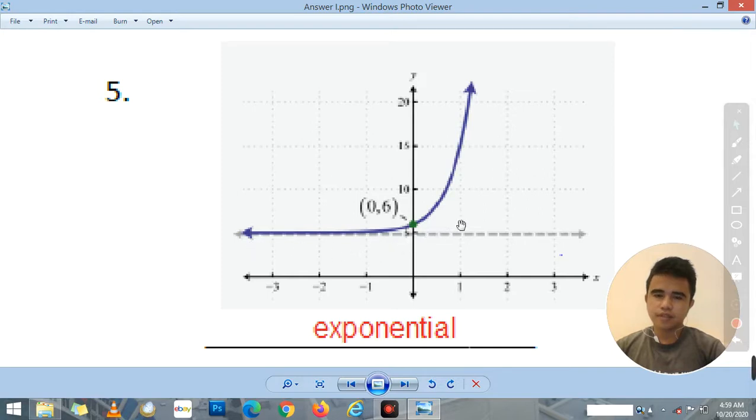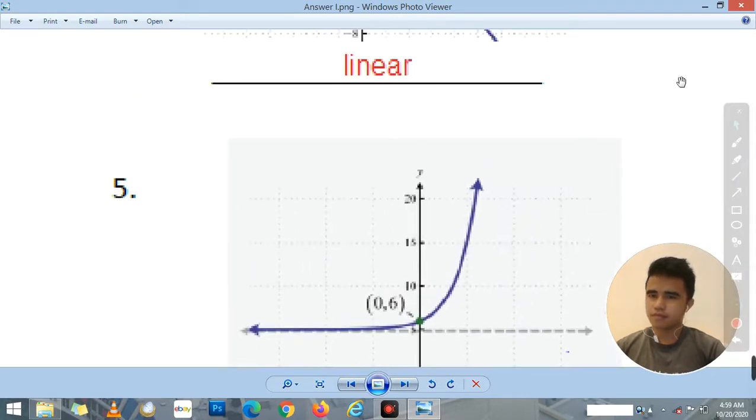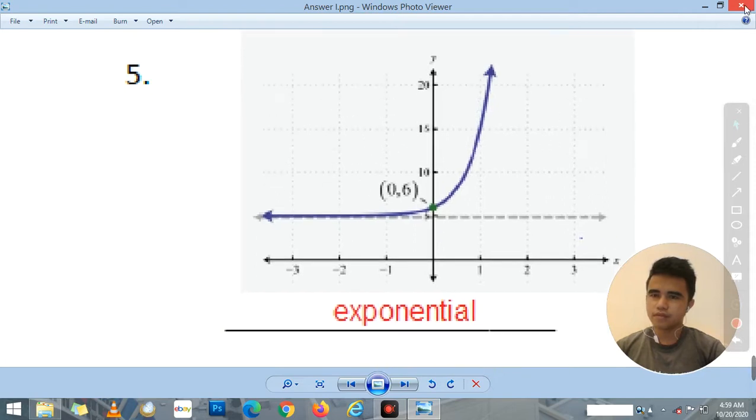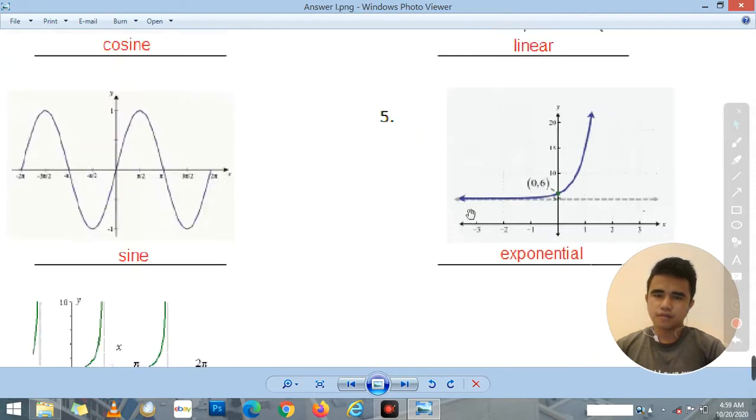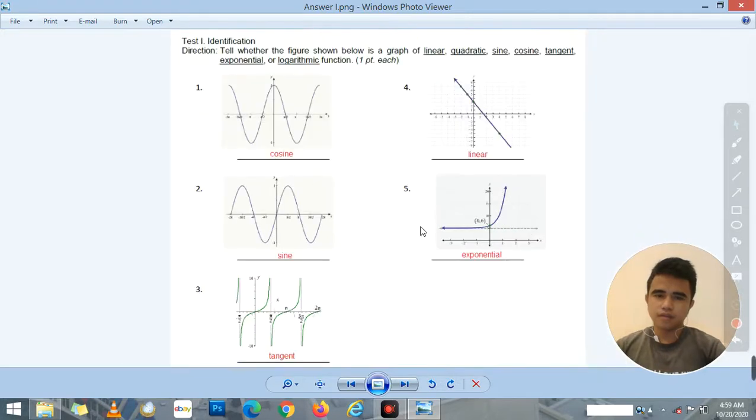In this case, this is an exponential function. These are the answers in test 1.